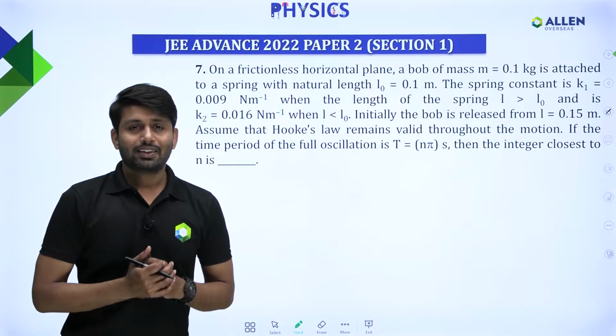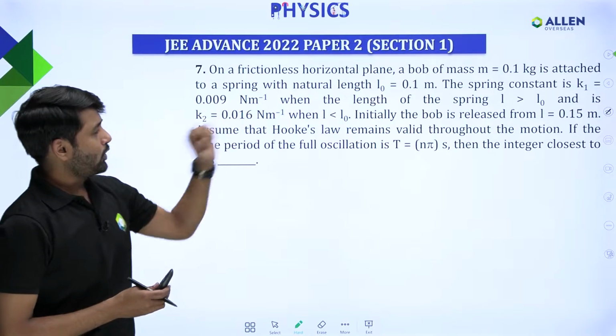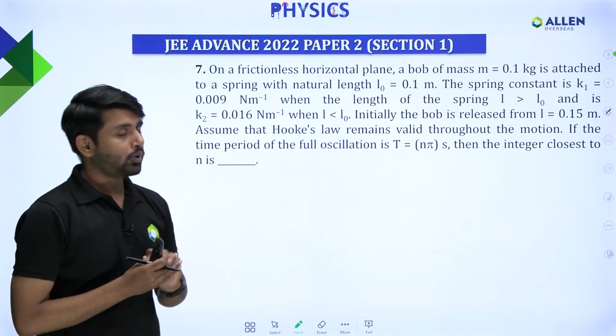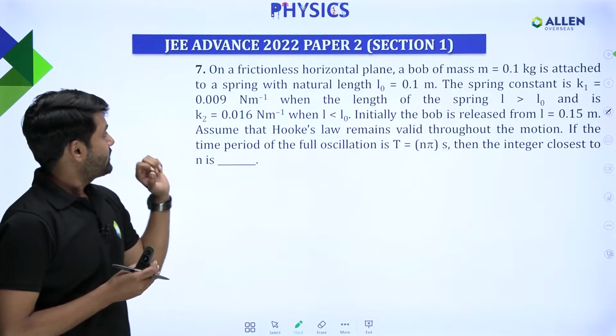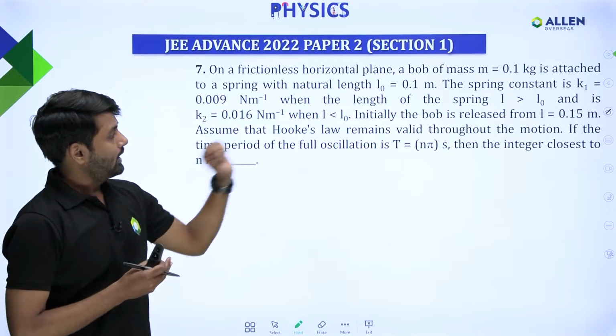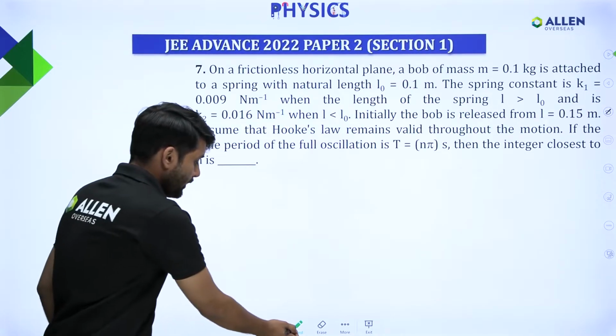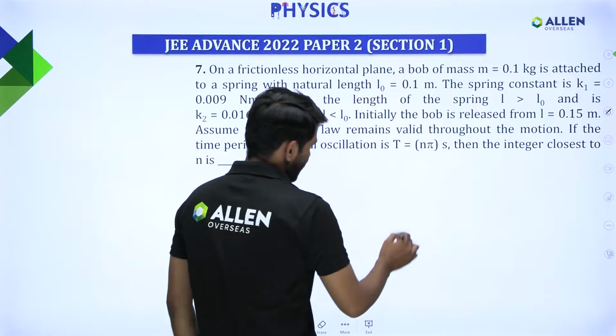Question number 7 is, on a frictionless horizontal plane, a bob of mass m equal to 0.1 kg is attached to a spring with natural length L0, and L0 is 0.1 meter. So we can draw the situation. The situation is like this.